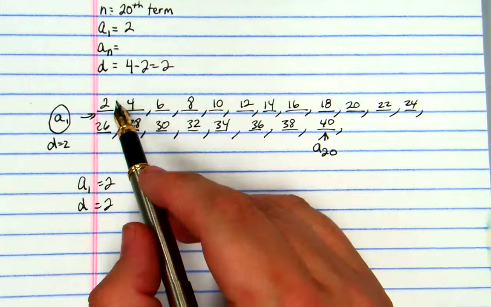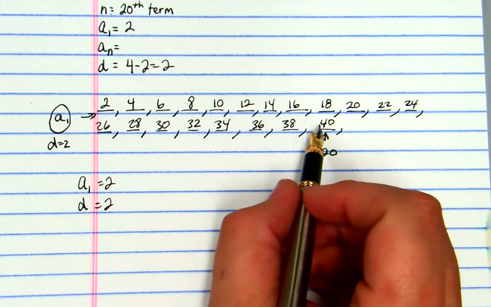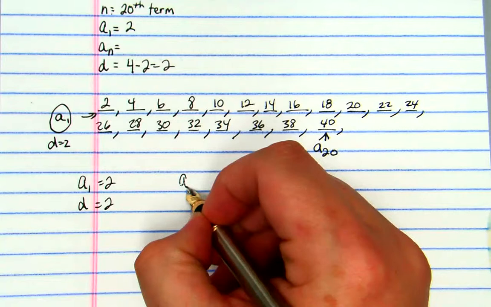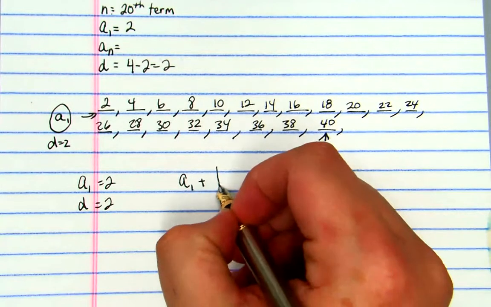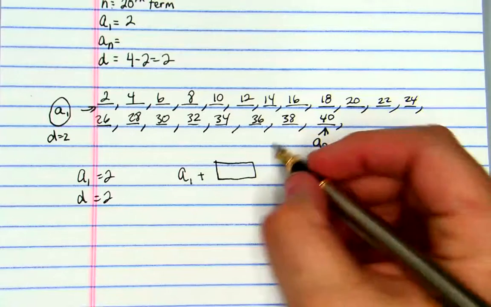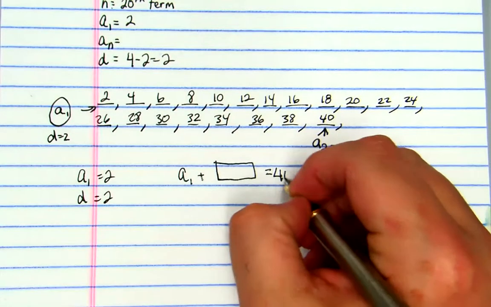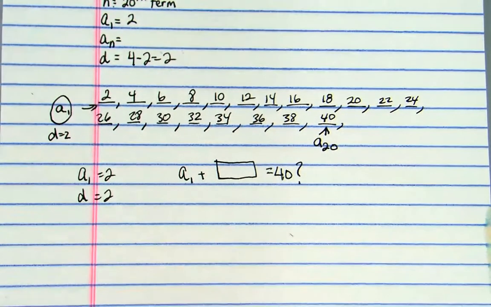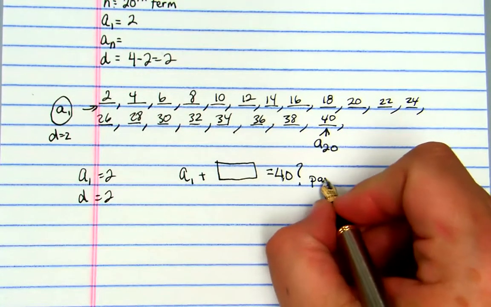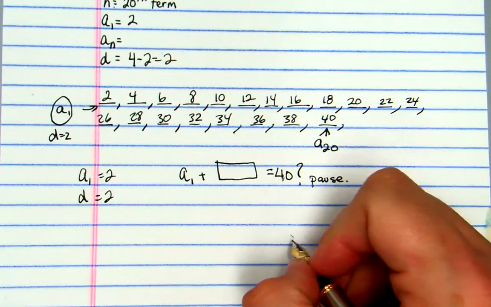Now, let's take a look at the numbers that we have. A sub 1 plus what is going to get me to that 40? I want you to pause here and try to figure it out.